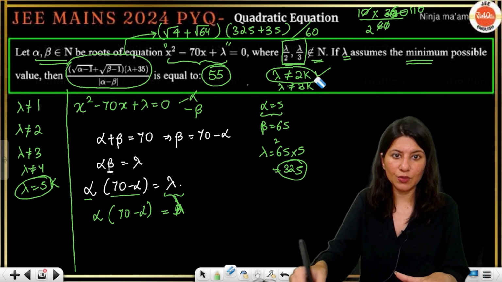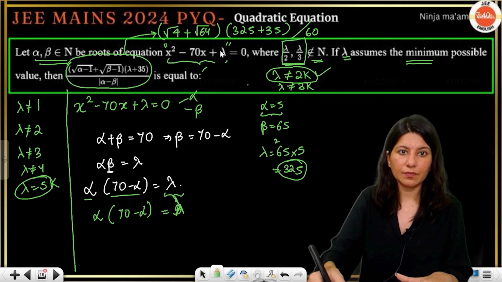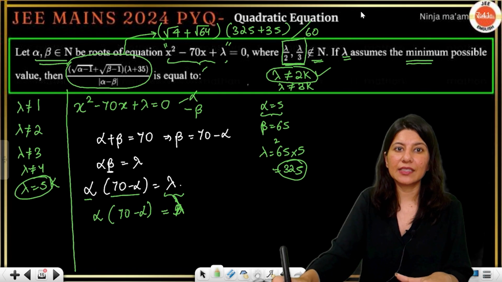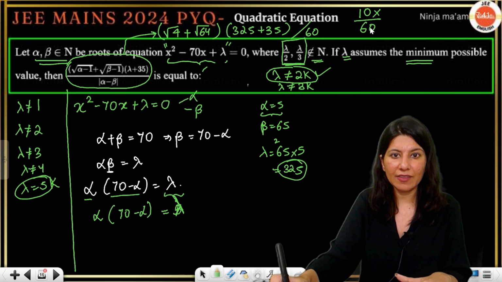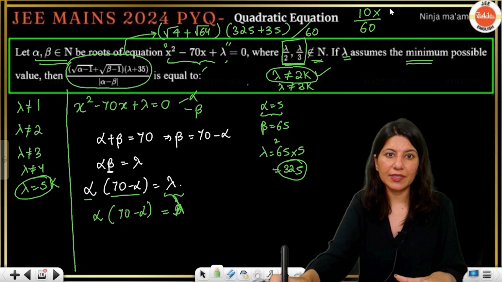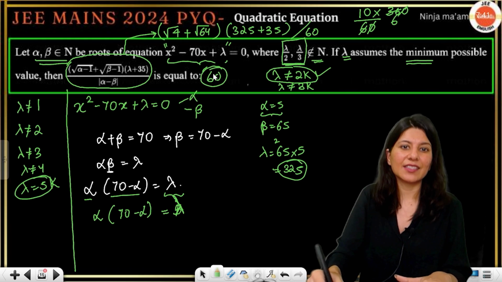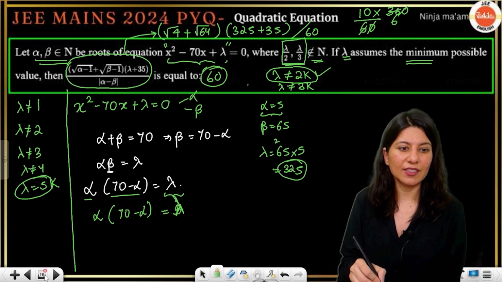Hold on, this is actually not 55. So this is 6 8 to 10 multiple upon 60. Alpha minus beta is coming out as 60, right? And what about this? This is 360. Perfect. Now 6 cancel, 6 6 the 36. 60 is the correct answer. Yes, 60 is the absolutely right answer of this question.